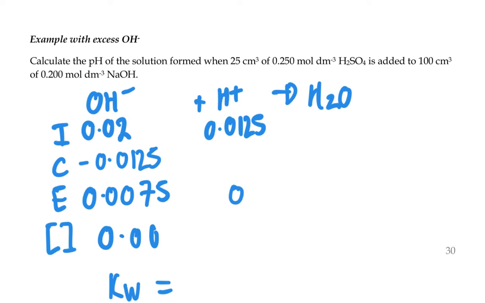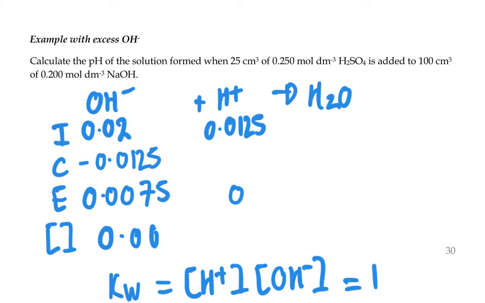So I need to know my expression for Kw and what the value of Kw is at room temperature and pressure. So my expression is H plus times OH minus, and that's equal to 1 times 10 to the minus 14 at room temperature and pressure. But I've got to rearrange that to get H plus from OH minus.